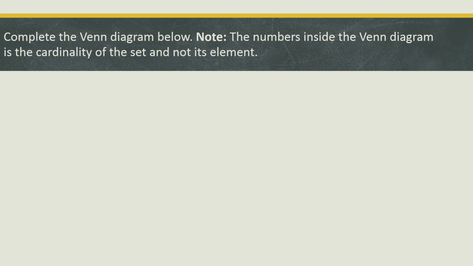Note the numbers inside the Venn diagram is the cardinality of set and not its element. Again, ang naa sa sulod kasi normally atong ginabutang previously sa atong circle, nagbutang tag 1, 2, 3, 4, 5, kato elements to. Ang atong gibuhat karon dili elements. Ang cardinality kung pila ka book elements ang naa sa sulod.